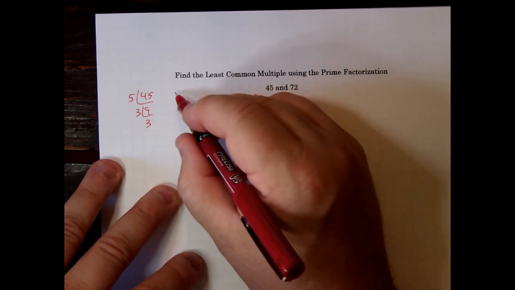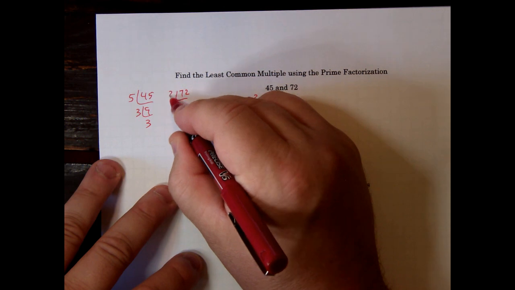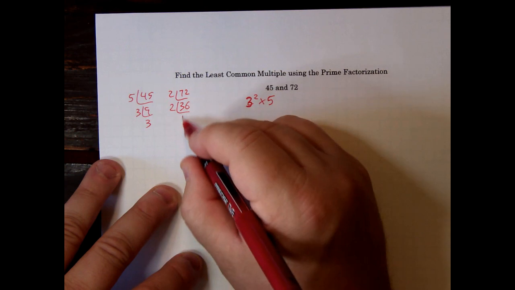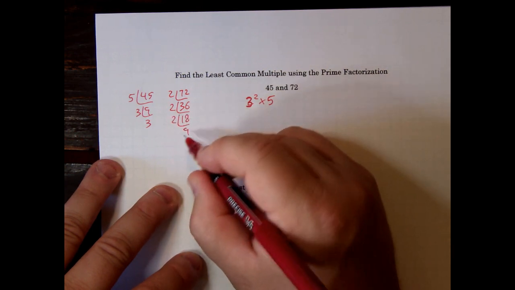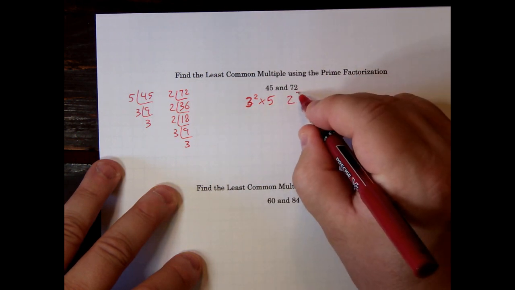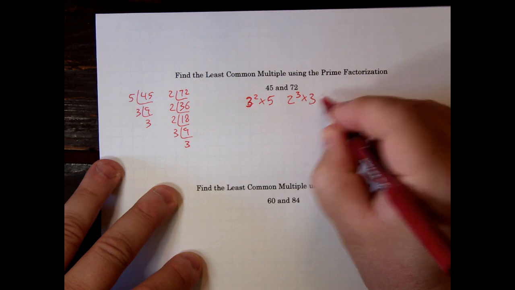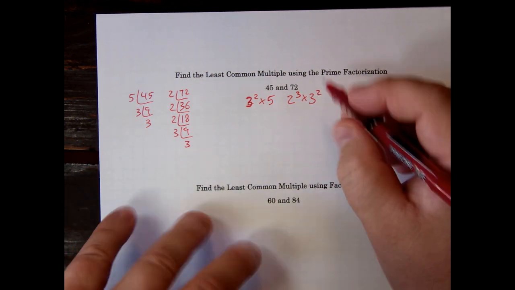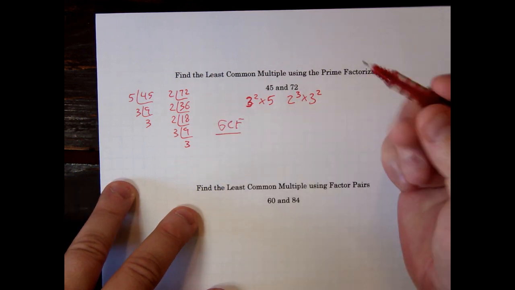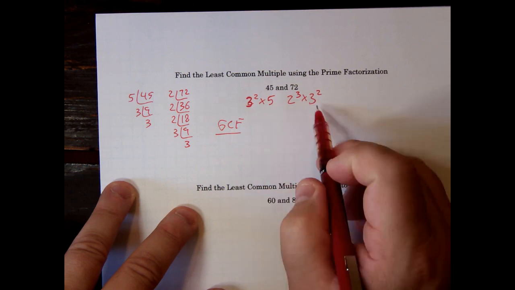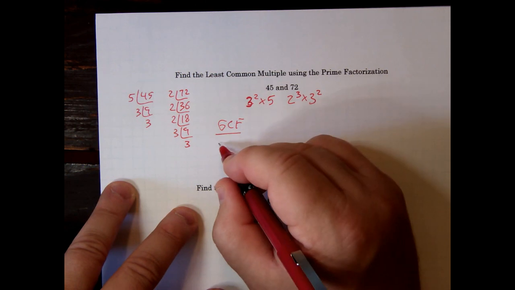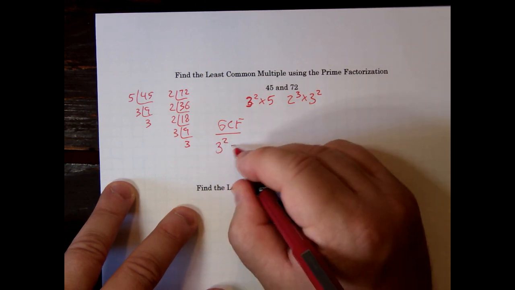For 72, if we do 2, which leaves 36, and that's another 2, which is 18, then 2, 9, 3, 3. So that is 2 to the third power times 3 squared. First, what is the greatest common factor of these two? They both have 3s. It's the only prime number they have in common, and they both have 2 of them. So 3 squared, and the greatest common factor is 9.